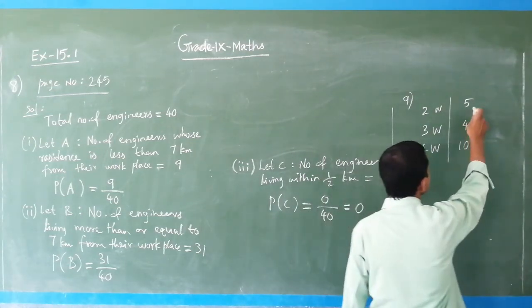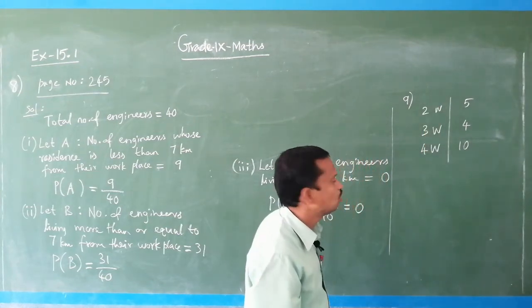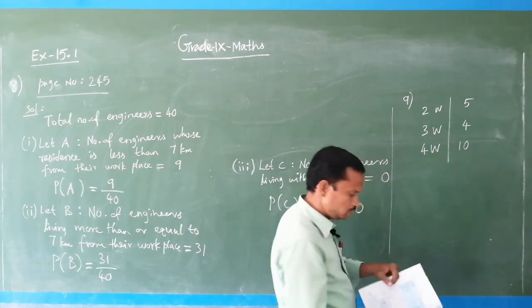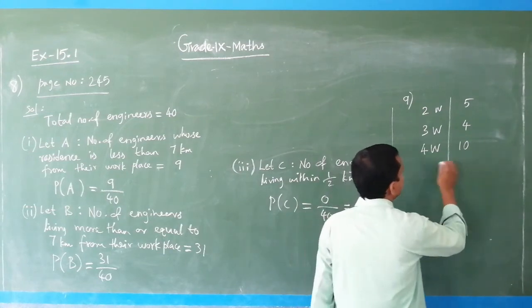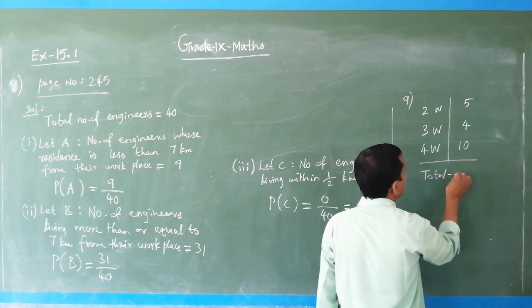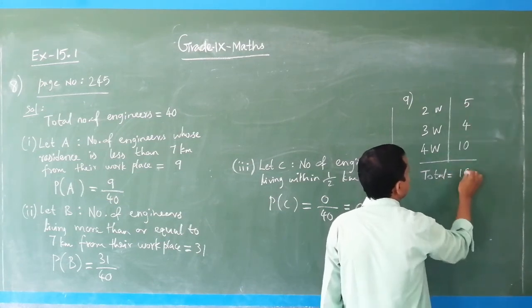This is the number of vehicles and this is the category: 2-wheeler, 3-wheeler, 4-wheeler, and the probability you have to find is for the 2-wheeler. The total vehicles, you have to count, is 5 plus 4 plus 10, equal to 19.